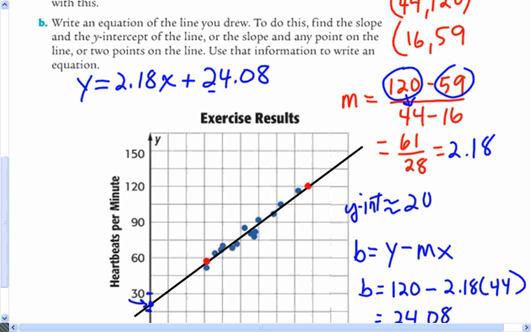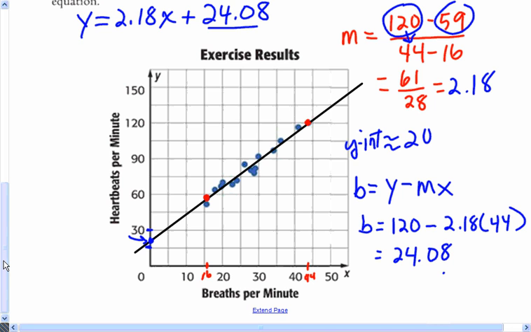Now what that means is this y-intercept value, just to remember here, that's 0 breaths per minute on the x-axis. So that means that when I am breathing 0 breaths per minute, my heart is beating at a rate of 24.08. So basically, you're barely breathing.